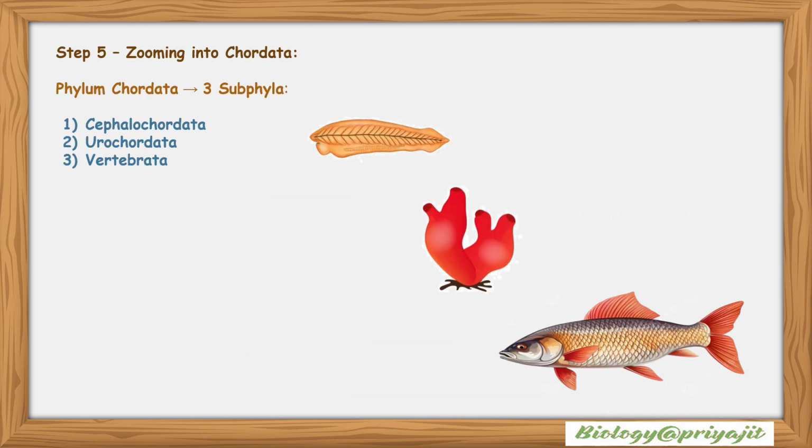Now we should zoom into Chordata. Phylum Chordata has 3 subphyla. Cephalochordata, this is Cephalochordata. This is Urochordata or Ascidia. This is Cephalochordata. The name of the animal is Branchiostoma or Amphioxus, the group name. And this is Ascidia, the example of Urochordata. And this is the example diagram of a fish, which is the example of Vertebrata.